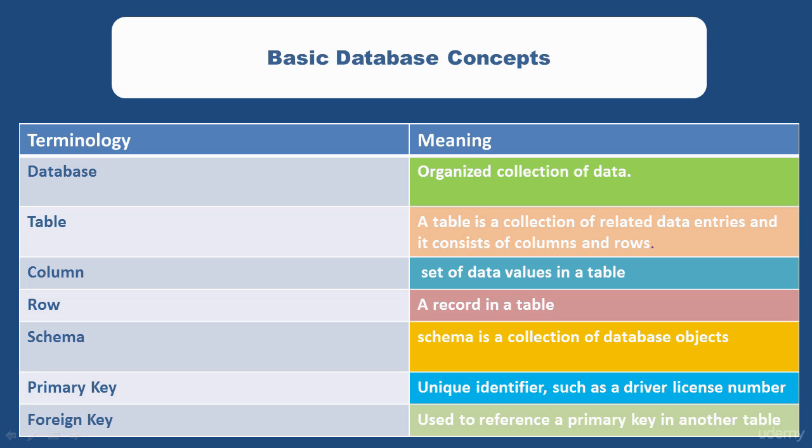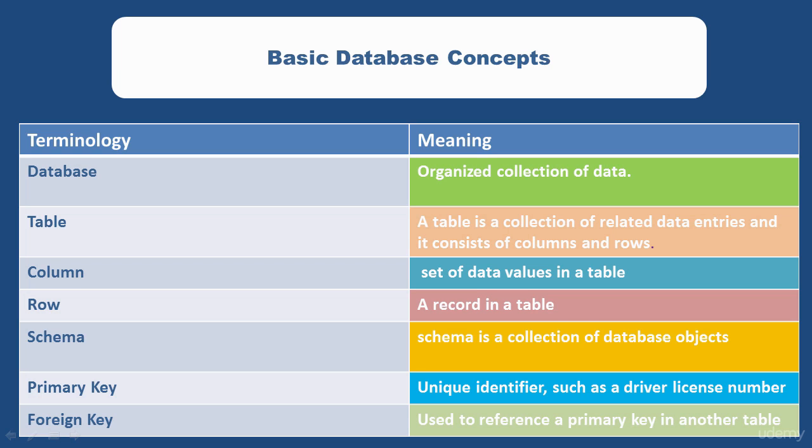A foreign key, on the other hand, is like a primary key, but not exactly. It is used to reference a primary key in another table. For example, if table 1 has a primary key and table 2 has a primary key too, you can have the primary key from table 2 acting as a foreign key in table 1.